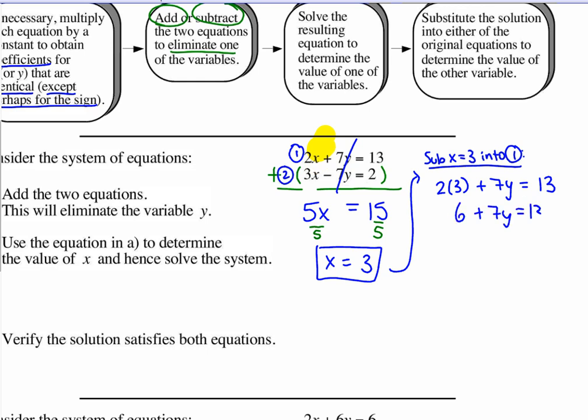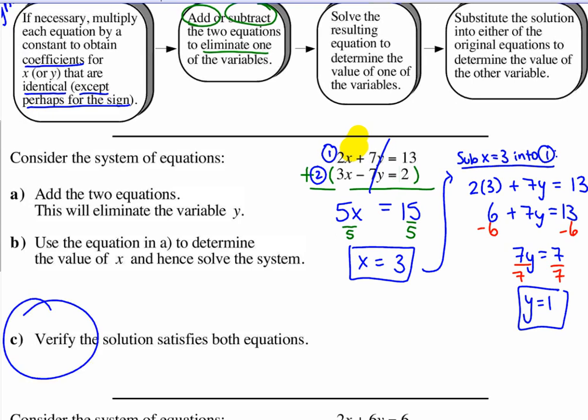Next step would be to subtract 6, which gives you 7. Divide by 7. y is 1. Okay? And then you still have to do what? Your check. You still have to do your check.